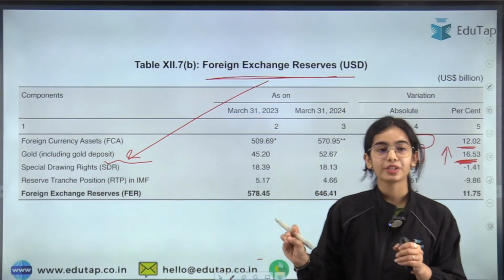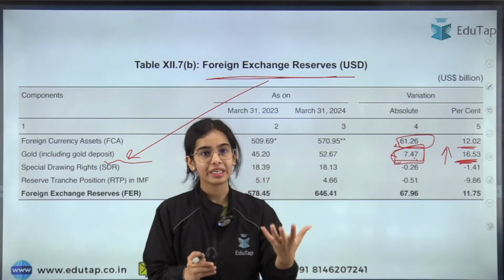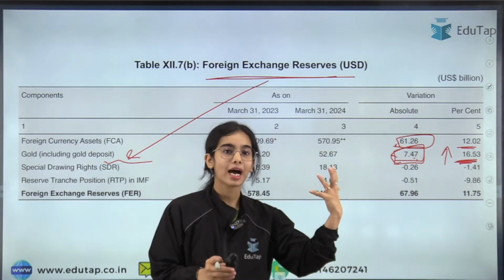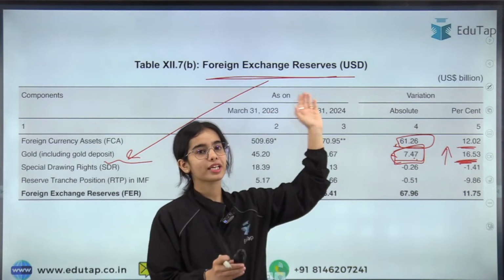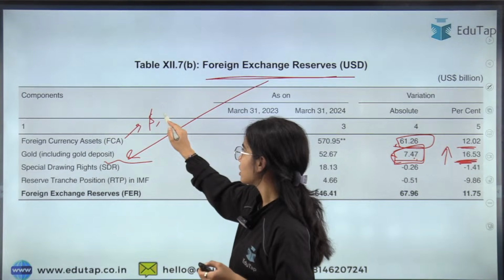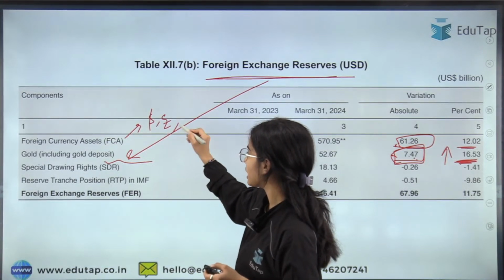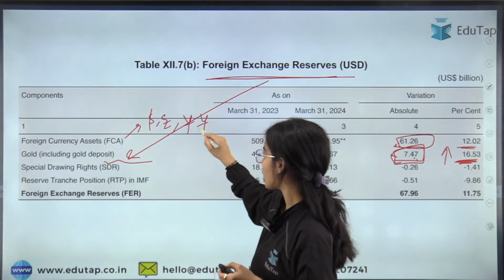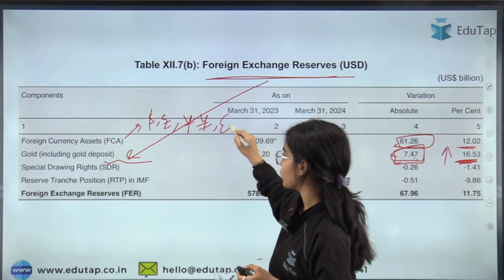I wanted to provide you the idea of what we are maintaining the highest. We are maintaining the highest of the foreign currency assets in the foreign exchange reserves. The foreign currency assets that we maintain are in dollars, pound sterling, yen, yuan, and the euro.